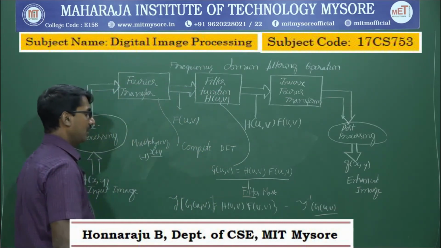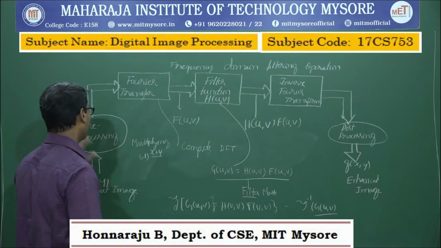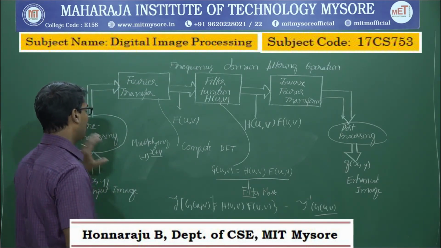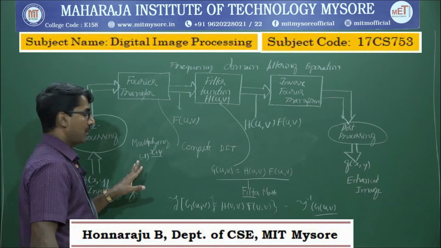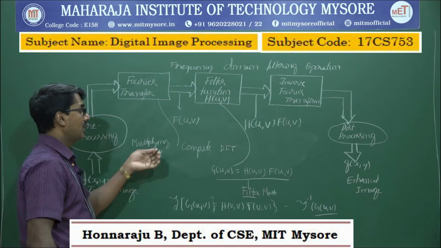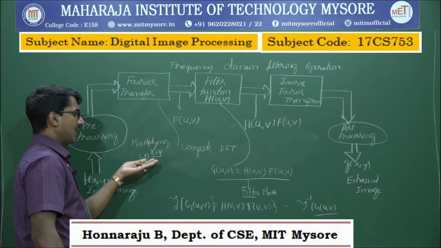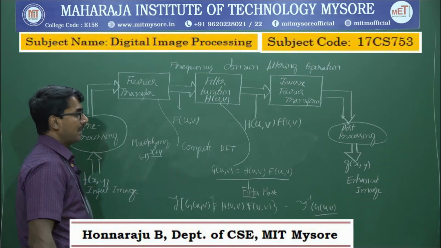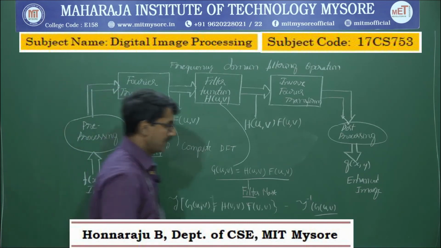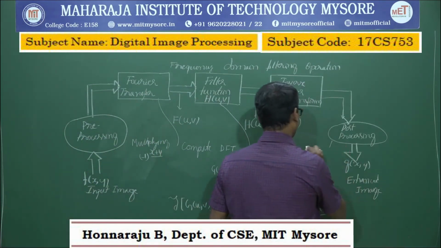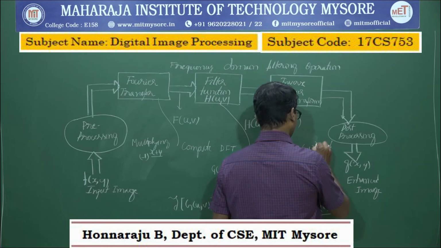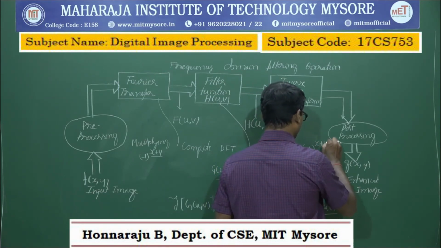Here, when we are performing the filtering, initially we multiplied the input image by minus 1 to the power of x plus y. In order to cancel that, we need to multiply the output image by minus 1 to the power of x plus y.